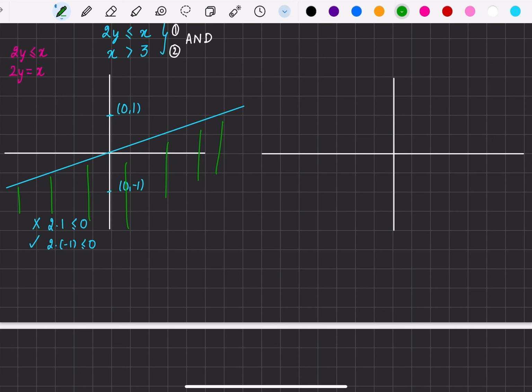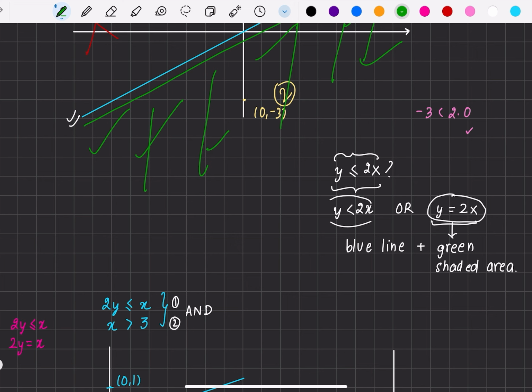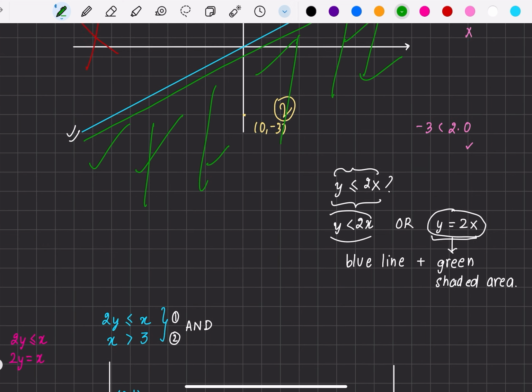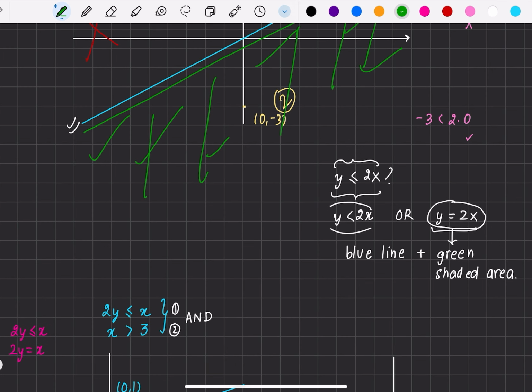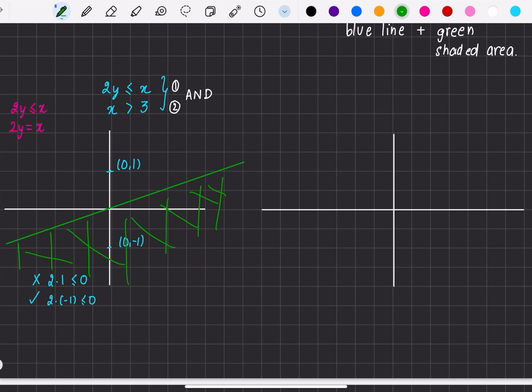We had an equality here, and just like you asked me just now how to solve the equality, we'll just include the line as well. So the solution space is going to be this line and this whole region.